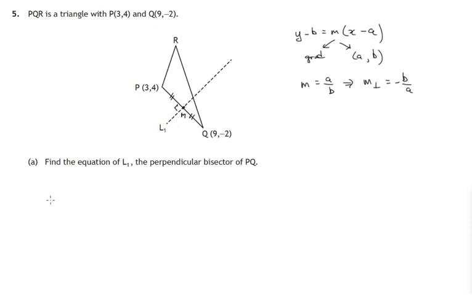First of all, we would have to find the gradient of PQ. Now we do know 2 points on the line PQ, so it's the y difference over the x difference. So let's start with the point P. That's 4 minus -2, the difference of the two y coordinates, divided by 3 minus 9, the difference of the two x coordinates. So that's 6 over -6, that's -1.